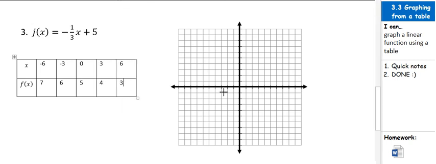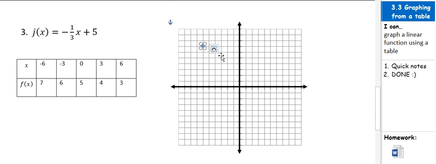Negative 6 and 7 means left 6 this time. 1, 2, 3, 4, 5, 6, then up 7. 1, 2, 3, 4, 5, 6, 7. First dot. Negative 3, 6. 1, 2, 3.